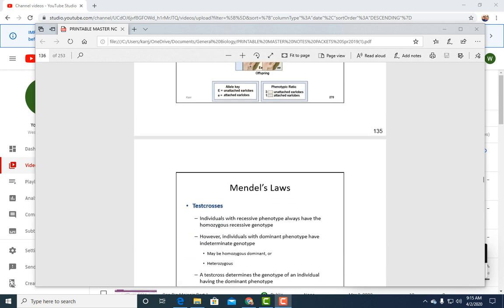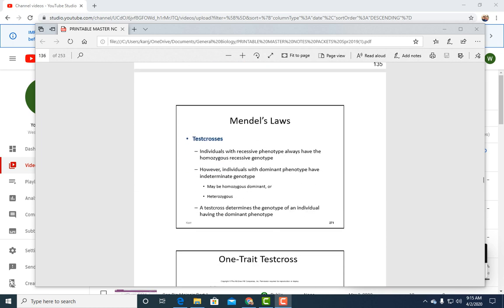So we always will cross an individual with a homozygous recessive genotype. We're going to use that individual to figure out what my unknown individual is. So we can figure out if they're homozygous dominant or heterozygous by crossing them with someone who is homozygous recessive for that trait.